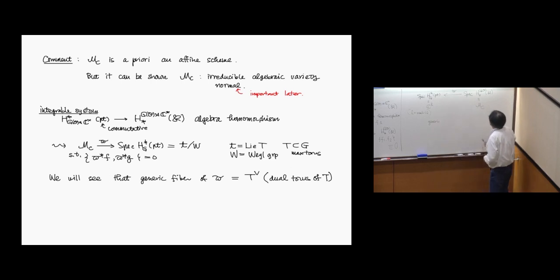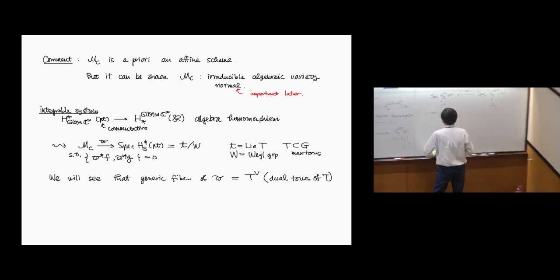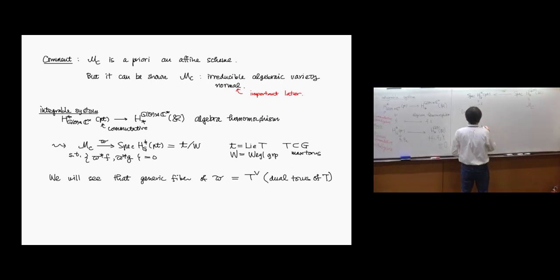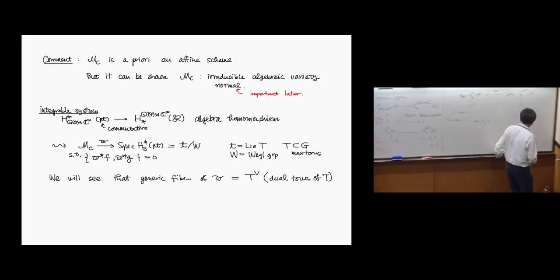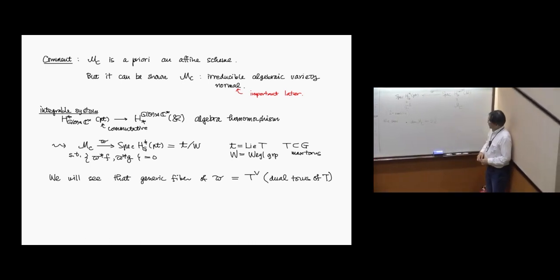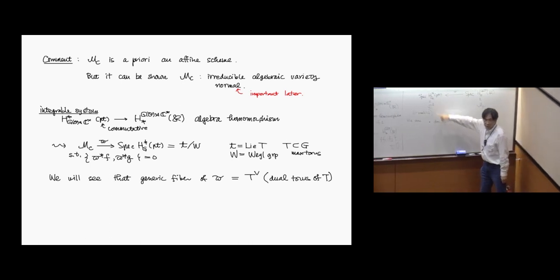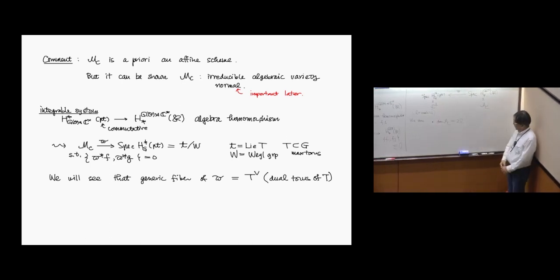Maybe I also need to say other things. We show the dimension of the Coulomb branch MC is equal to 2 times L. So this vector space is half-dimensional.